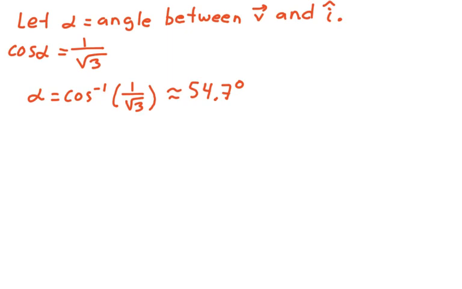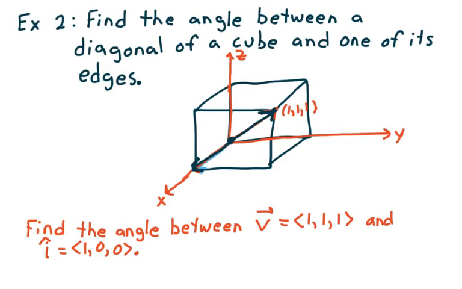So I said, let alpha be the angle between the vector v and i. Remember that i, don't forget, is the vector 1, 0, 0. And so the terminal point of this vector that I'm highlighting in black is 1, 0, 0.